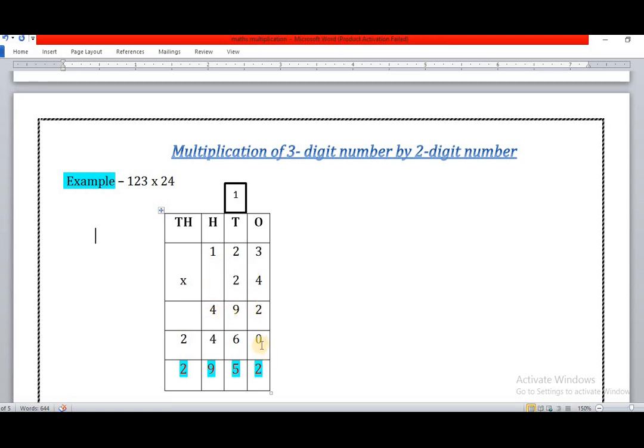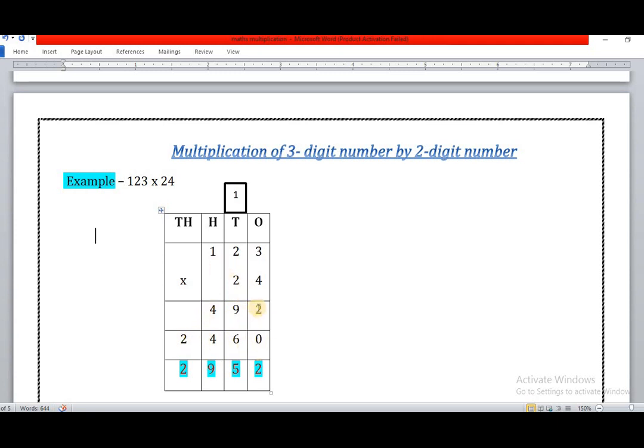Next step, I have written 0 here. Then I have to multiply the number in ones place by 2. 3 twos are 6. I have to multiply the number in tens place. That is 2 twos are 4. And the third is I have to multiply the number in 100 place by 2. 2 ones are 2.